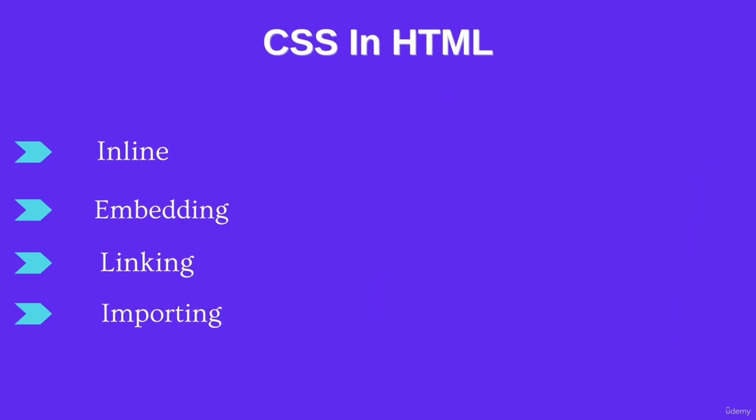Inline style sheet is where you write any HTML tag and right after that you use the style attribute, and inside that you write all the style rules in the CSS syntax. Embedding is where you write the CSS code inside the header section of the HTML document inside the style tag.